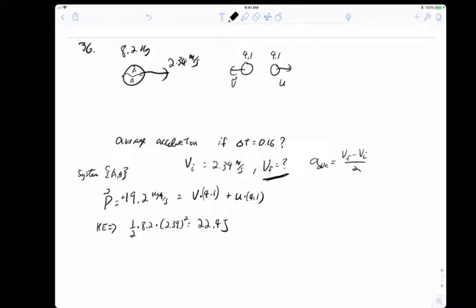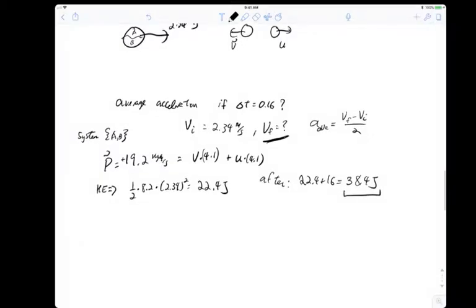And then after the explosion, the total kinetic energy is going to be, let's see, it said 16 joules got added, right? So it's going to be 22.4 plus 16, which is 38.4 joules of energy.